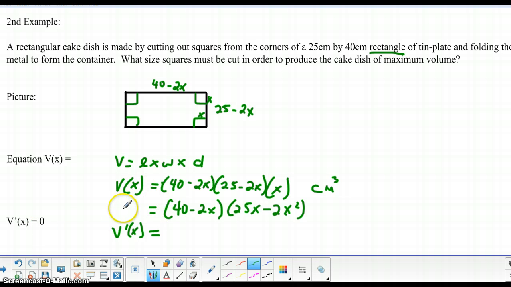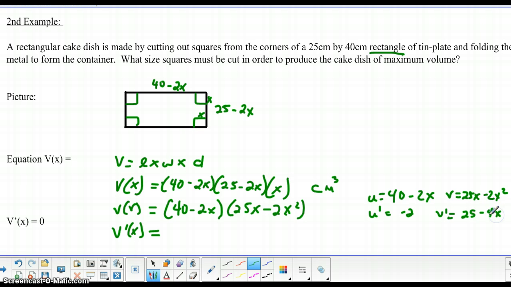So here's my v, and let's go ahead and use the product rule. My u is 40 minus 2x, and my u prime would be negative 2. My v is 25x minus 2x squared, and my v prime would be 25 minus 4x. So let's go ahead and take the derivative.